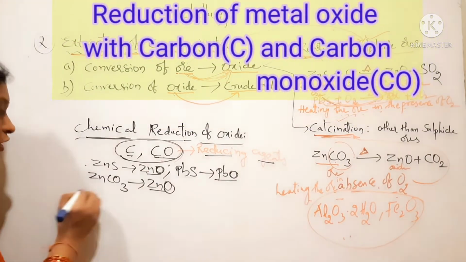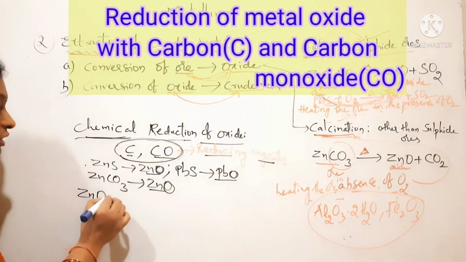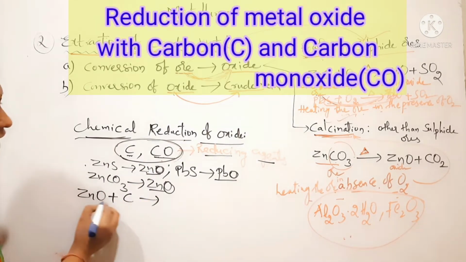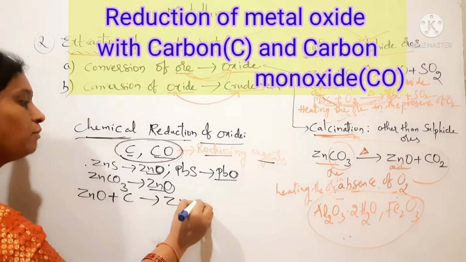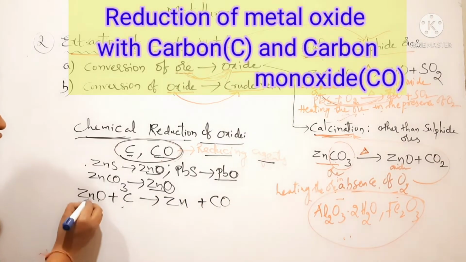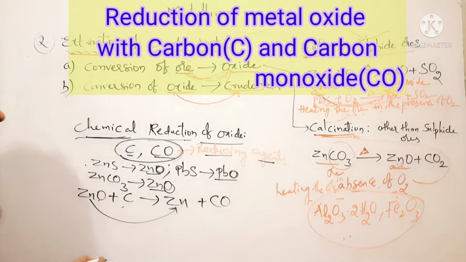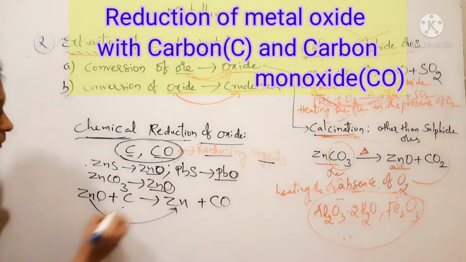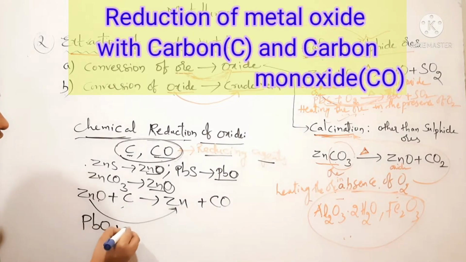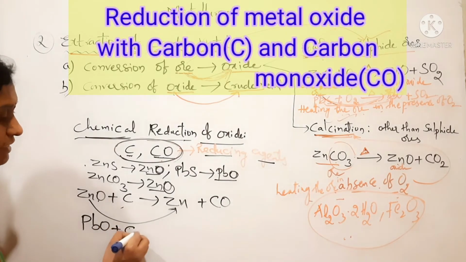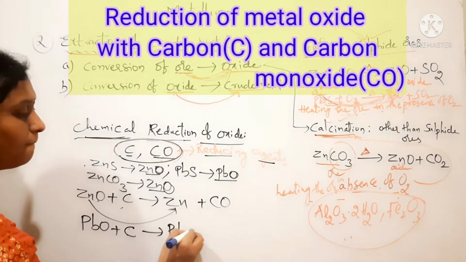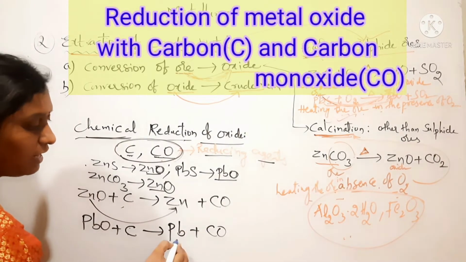Take zinc oxide, treat it with the reducing agent C. Then this C takes away the oxygen to form Zn. C combines with O. So now zinc oxide is converted to crude metal. Now you take PbO. When it is treated with a reducing agent like C, then this C takes away the oxygen to form CO. Then lead is left behind.